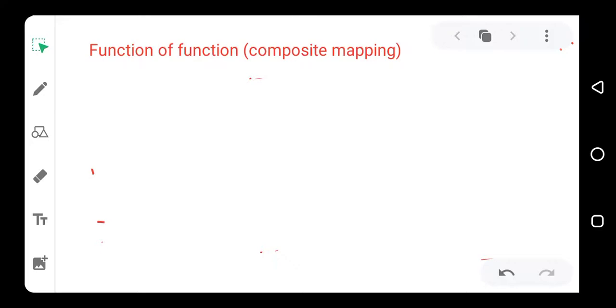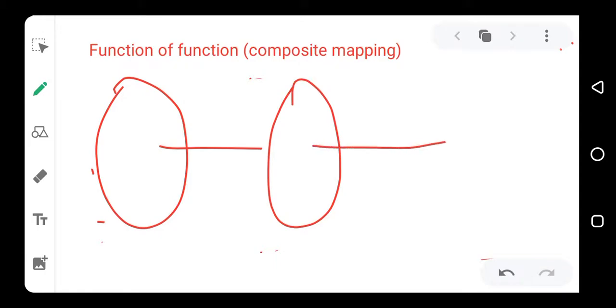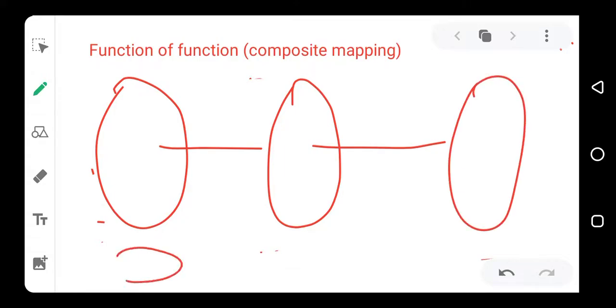So we have something like this. This is the main domain, which contains elements. Then the elements in the main domain will produce images in the codomain. Now this codomain will produce the final images in the second codomain. So let's call this one D1.